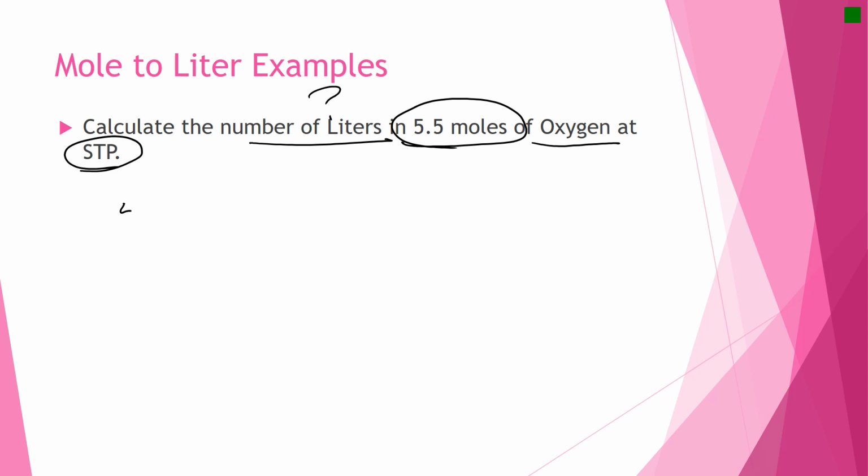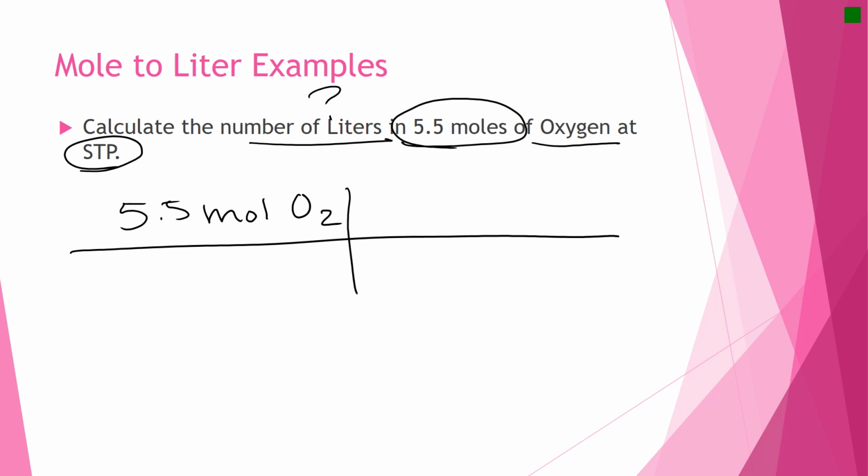All right, so we're going to start with our number, which is 5.5 moles of oxygen. Remember, oxygen is a Hunkelbrief, so we're going to have that diatomic of O2. Moles can go on the bottom, and I know a conversion between moles and liters directly, so I can put the liters on top. Once again, write down whatever substance you're talking about. Now, I do know the conversion is 1 mole for every 22.4 liters, so I'm going to put that in there.